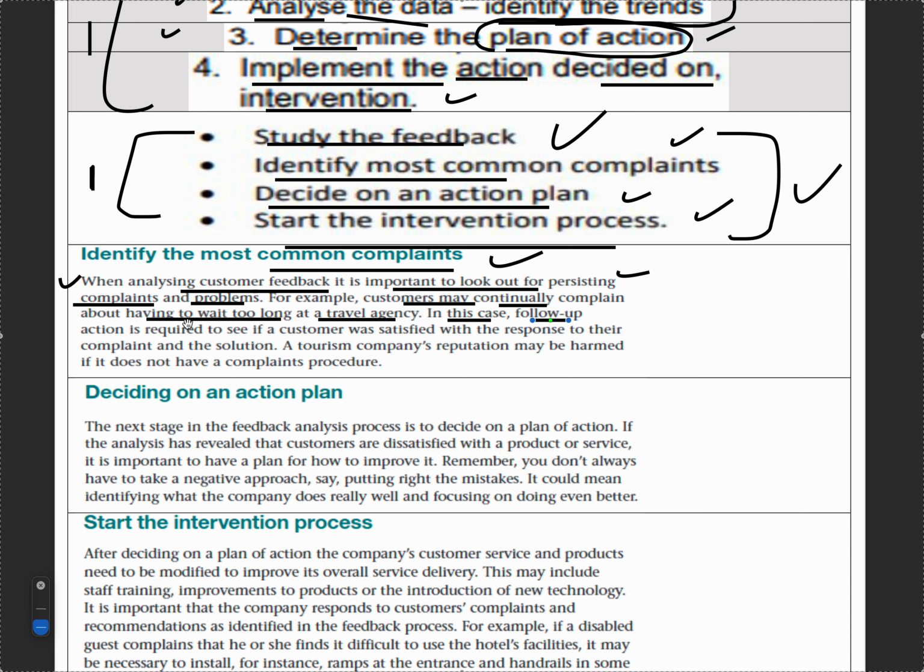The company needs follow-up action to see if the customer was satisfied with the response to the complaint and also the solution that he or she received to the problem that he shared. A tourism company's reputation may be harmed if it does not have a complaint procedure.